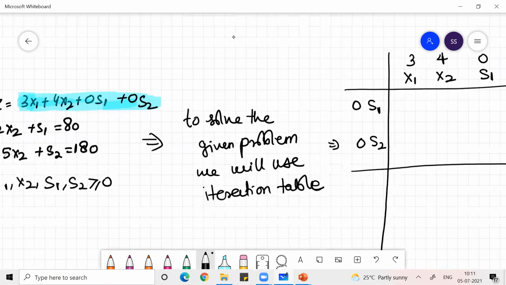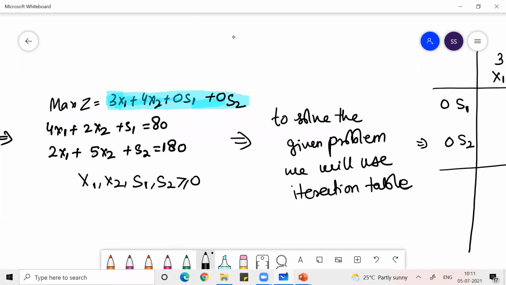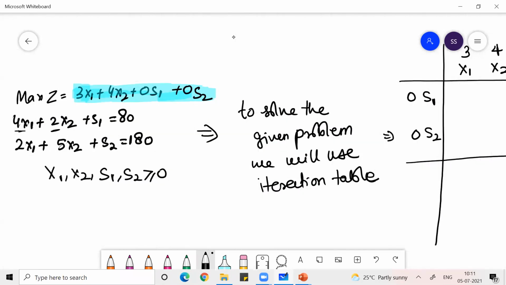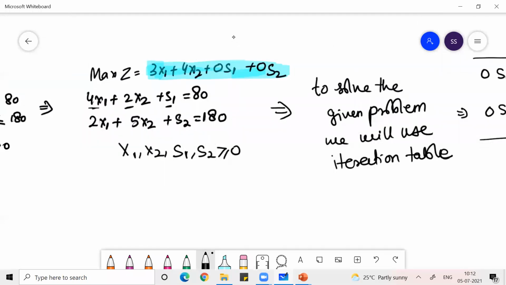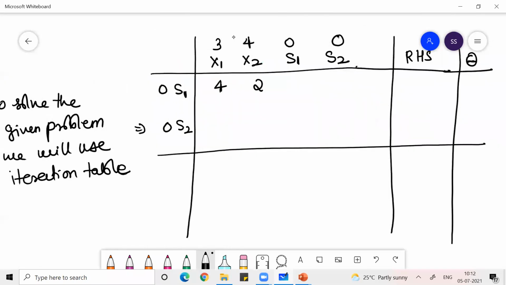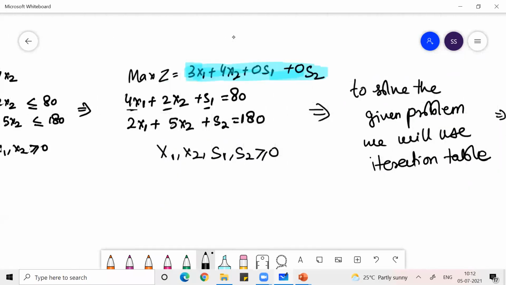Now once you've done this, write down the coefficients. The first equation is 4x1 plus 2x2 plus 1s1 plus 0s2.